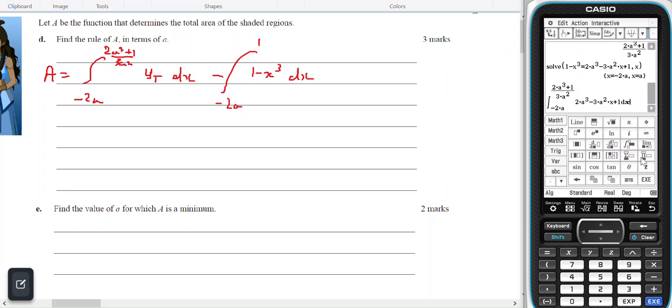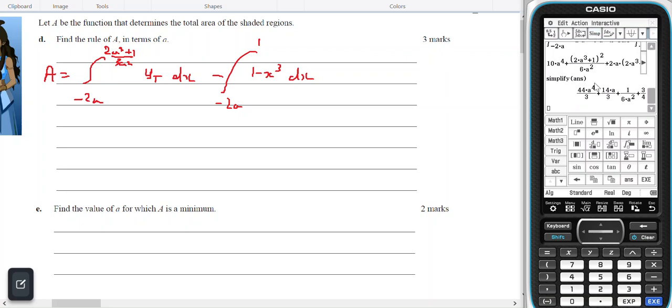And then to all of that, I'm going to plus the integral from minus 2a to 1 of 1 minus x cubed dx.